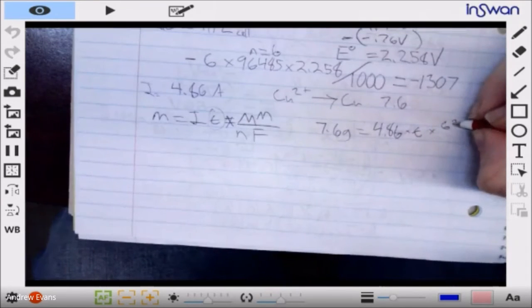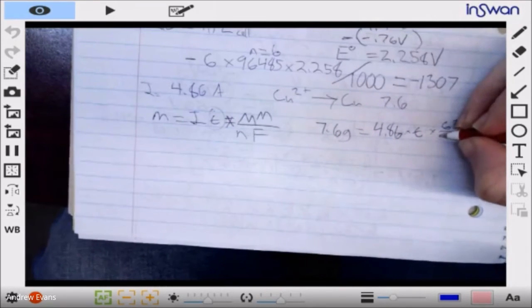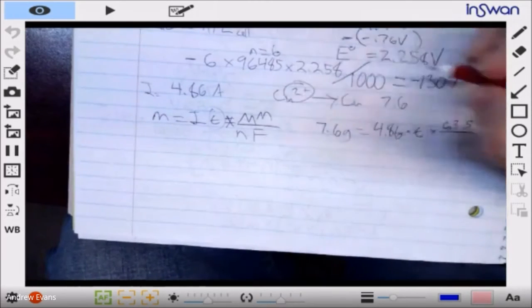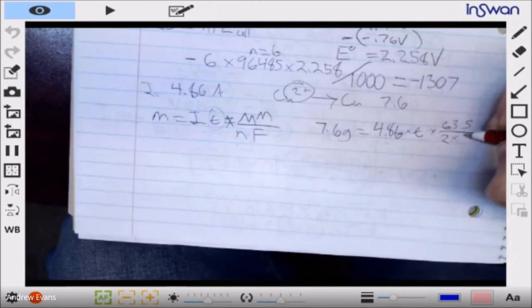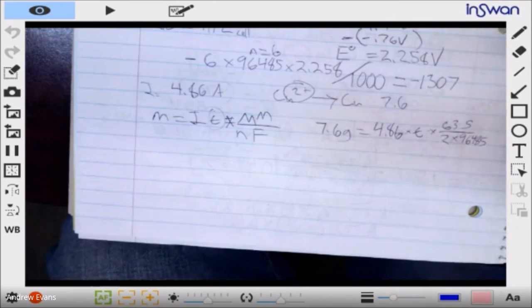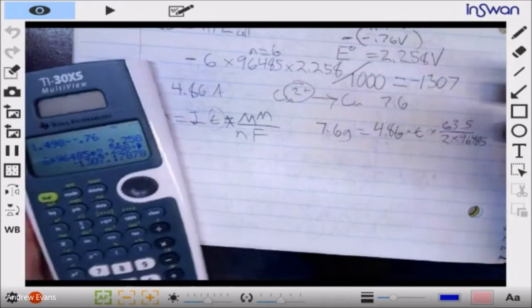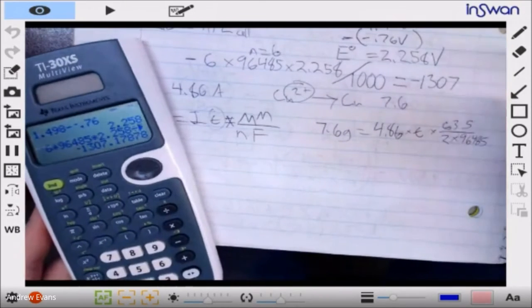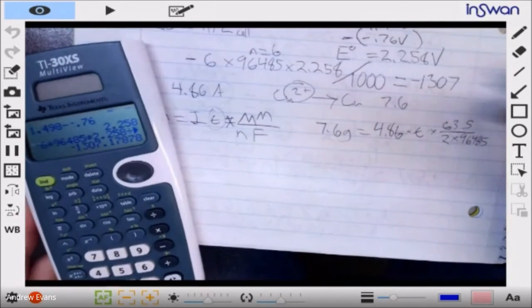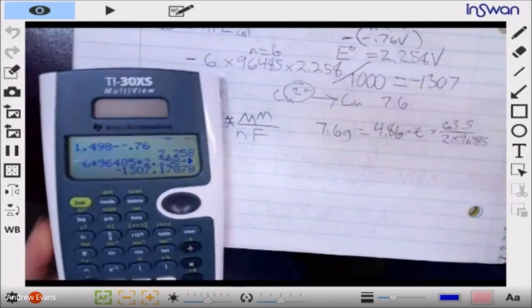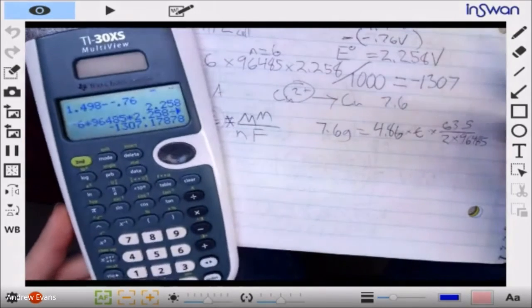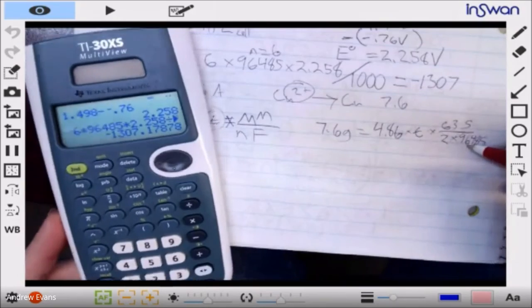Oh, yeah. N, because we're going from copper 2 plus, is 2, and F is 96485. And how do I know it's copper 2 plus? Because it's copper nitrate with 2 nitrates. We don't have to include the nitrate in the mass because we're not depositing the nitrate, but the nitrate will tell us the charge on copper.